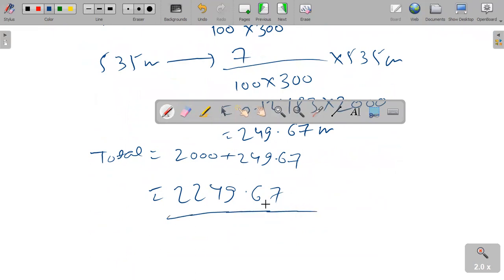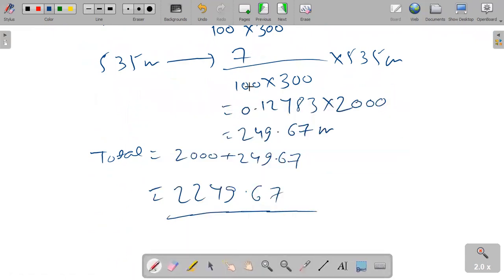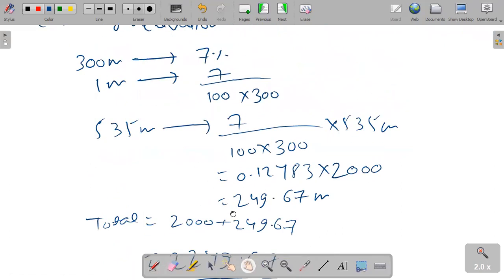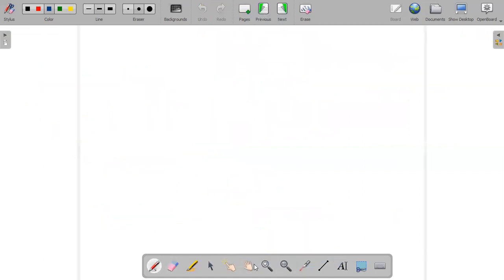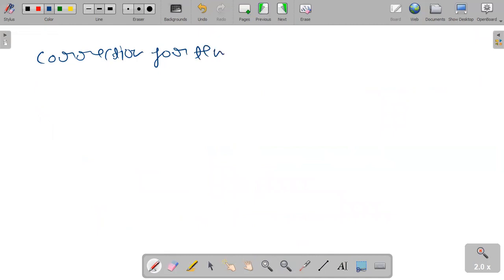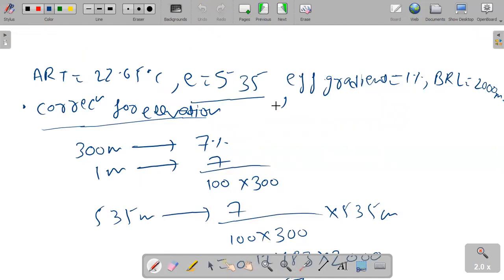So our next correction is the correction for temperature, and now we go with the correction for temperature by using the given values.